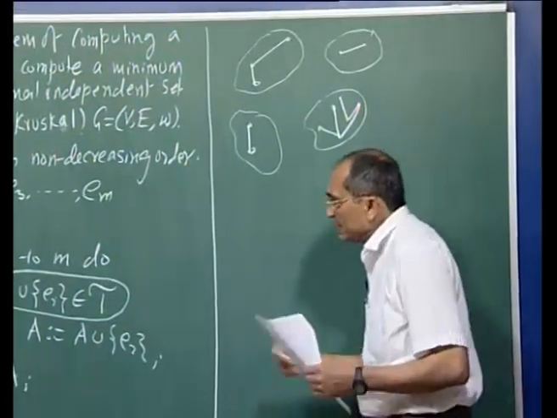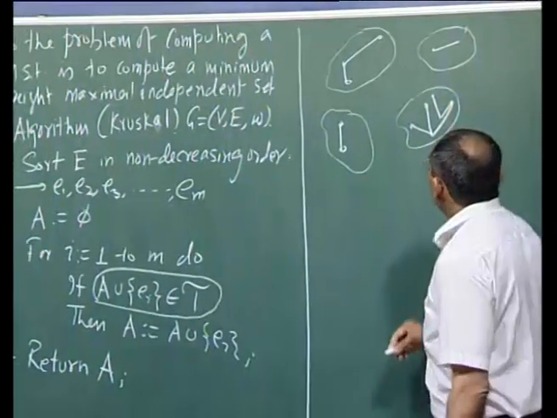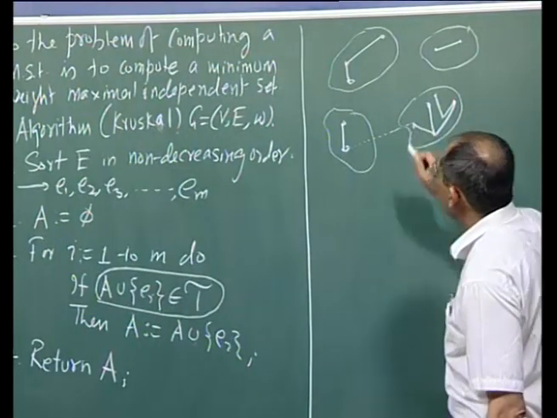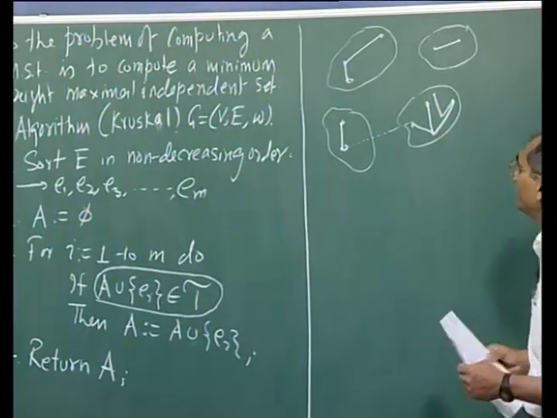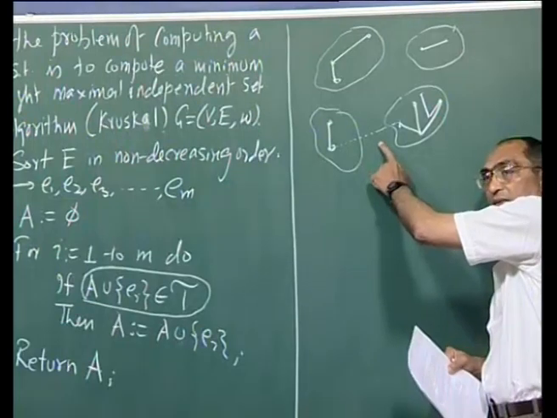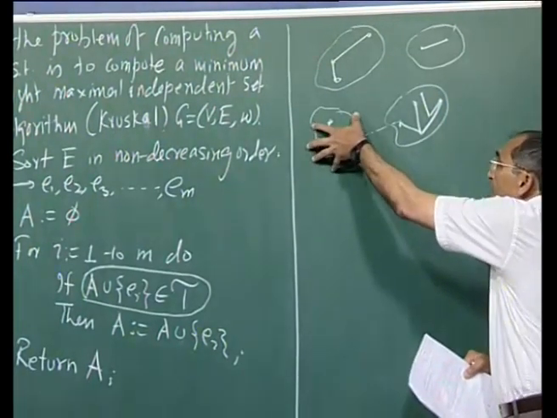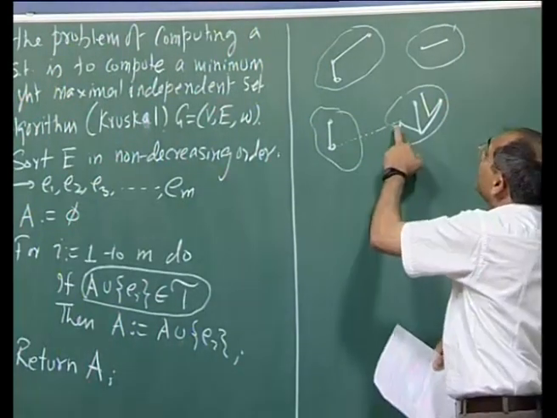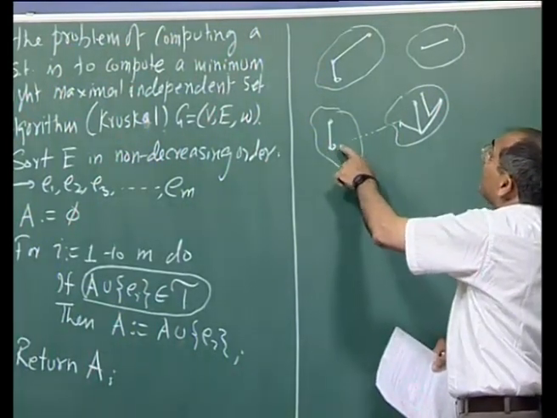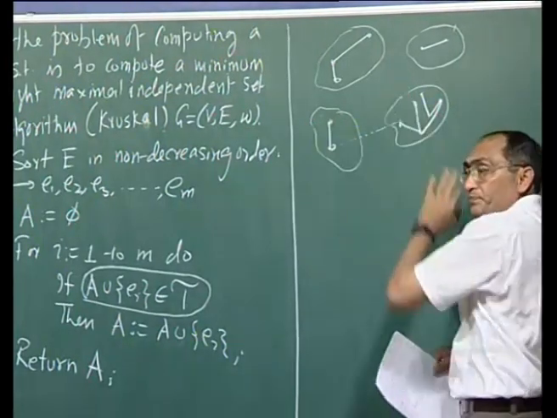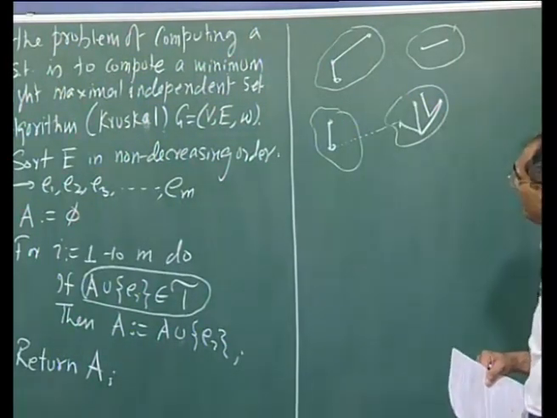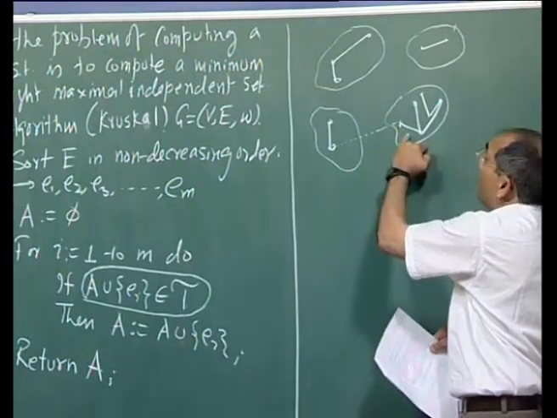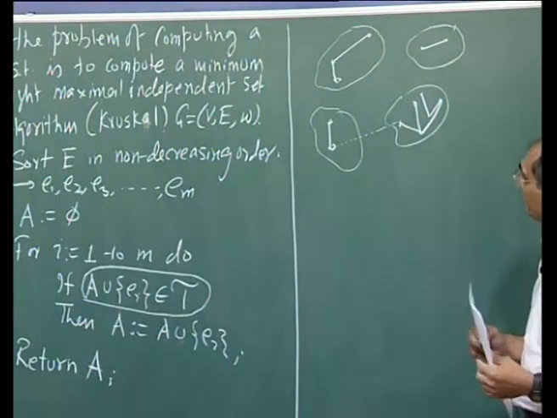Now suppose a new edge EI comes. If this edge is running from one component to the other, then we can be sure that this is not going to create a cycle. The reason is there is no path from here to here; if there was a cycle, then there should have been a path from here to here. So as long as the two endpoints of EI are in different components, this is a safe bet.